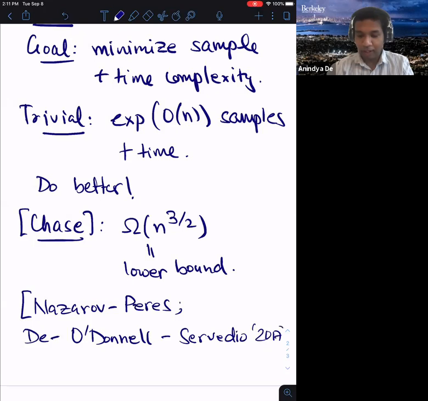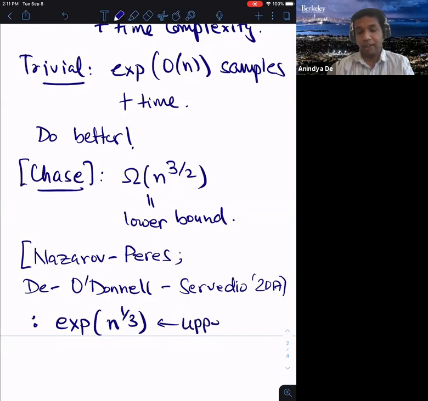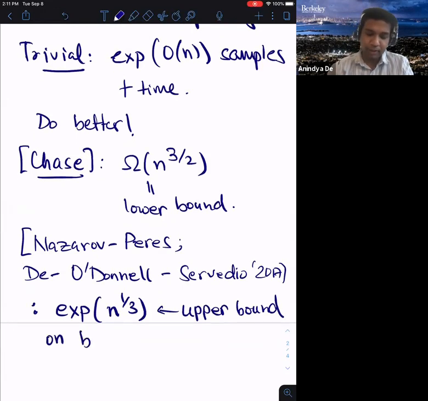These are both simultaneous papers from 2017, which showed that you can recover X with a sample complexity exponential in n to the 1/3. In fact, you can achieve the same time as well, so this is an upper bound on both sample and time complexity.